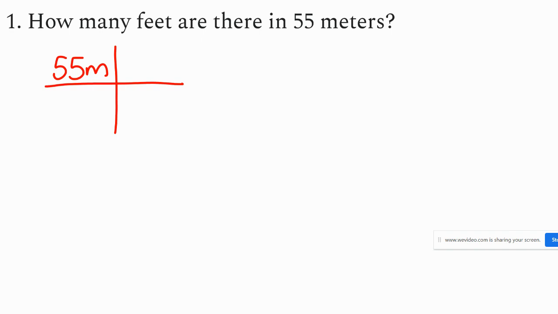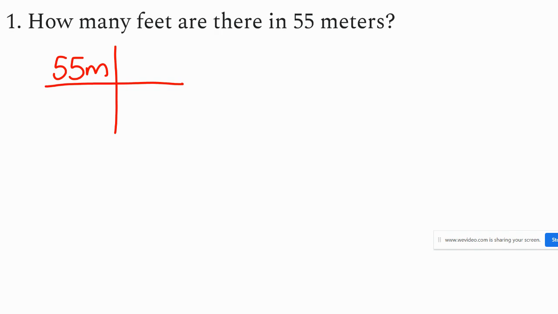All right. So we're trying to go from meters into feet. I'm going to try to find something here that'll take me meters into feet. I don't have anything that goes between meters and feet, but I do have something that goes between centimeters and inches, and then I can go inches into feet.